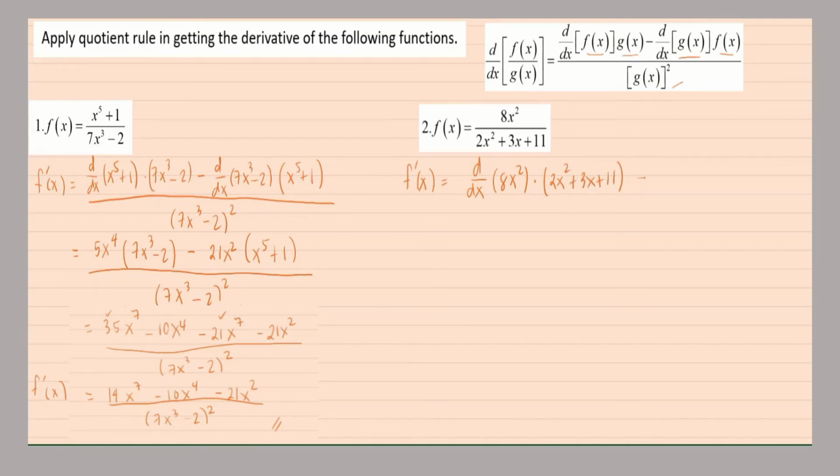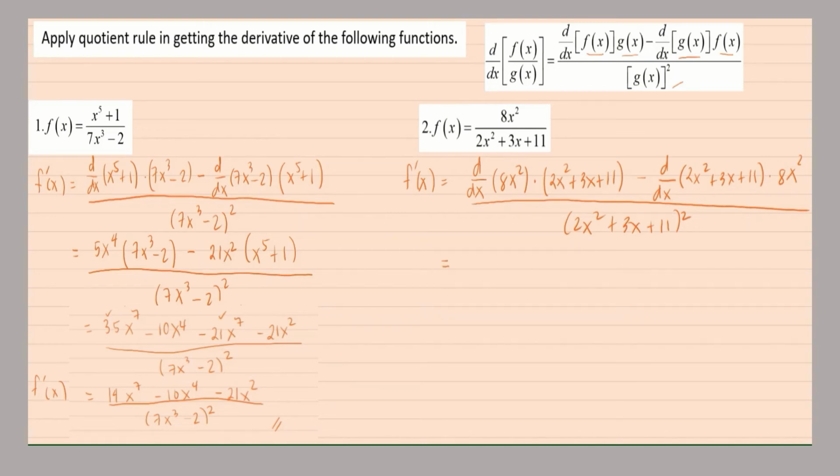And then we have minus, this time the derivative of the denominator 2x squared plus 3x plus 11, and then we multiply this with the numerator 8x squared, all over 2x squared plus 3x plus 11, and then raised to 2.